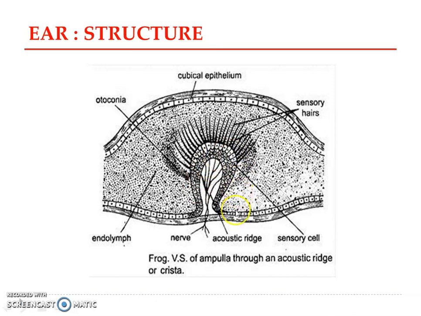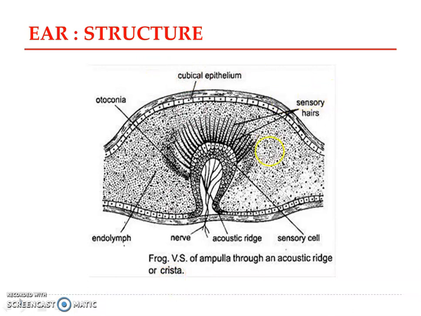This is a crista. This is the semicircular canal, and this is the ampulla of the semicircular canal, and here we can see the receptor spot referred to as a crista.